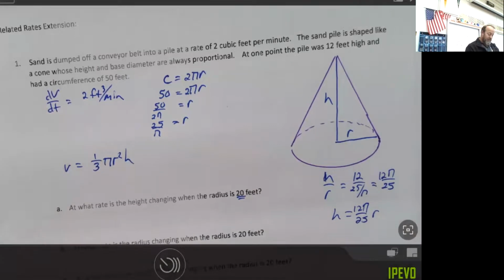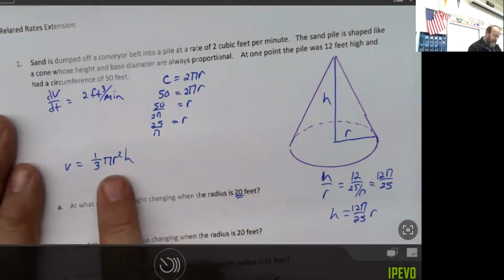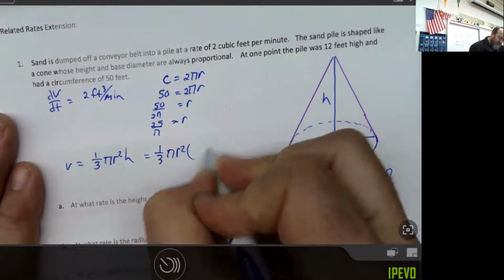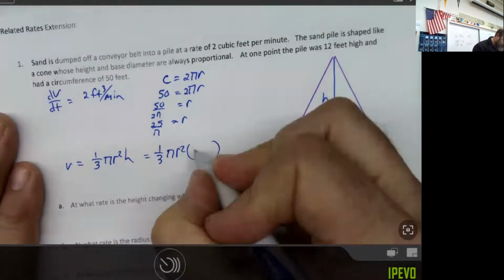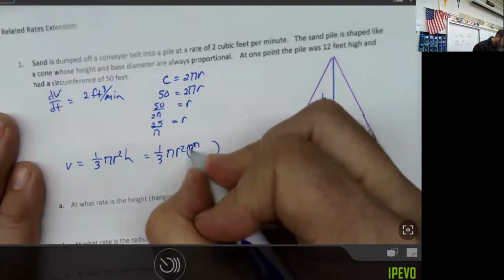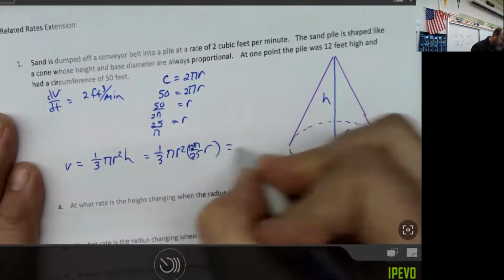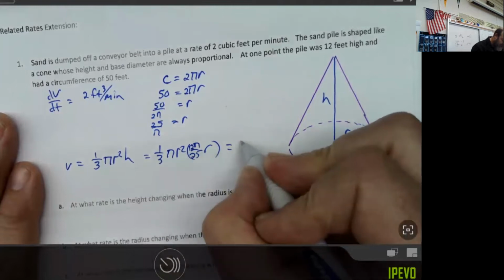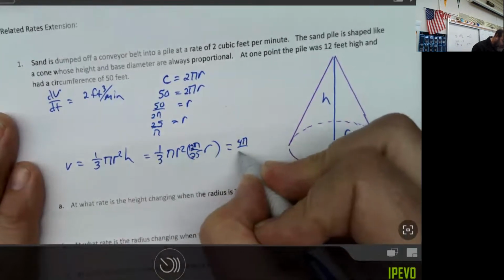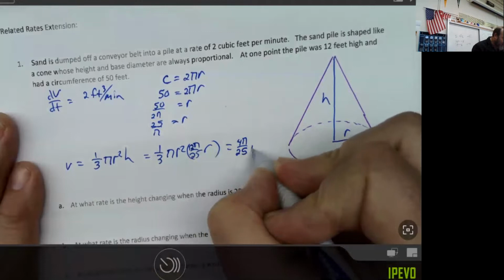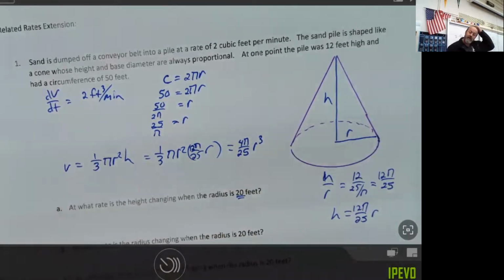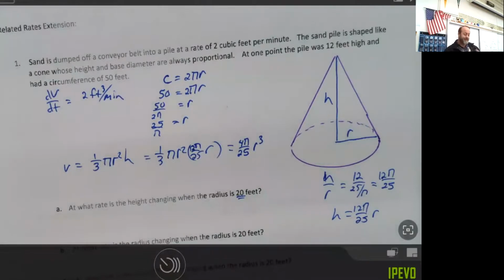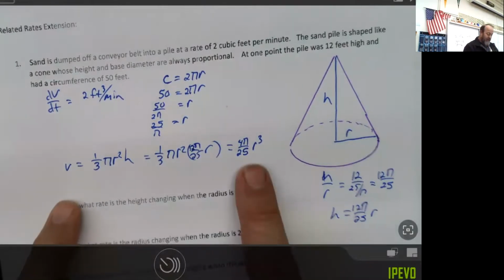So up here in this formula, I could replace the h with 12 pi over 25 r, and 3 goes into 12 4 times, so 4 pi over 25 r cubed appears to be a nice simple relationship between the volume and the radius.